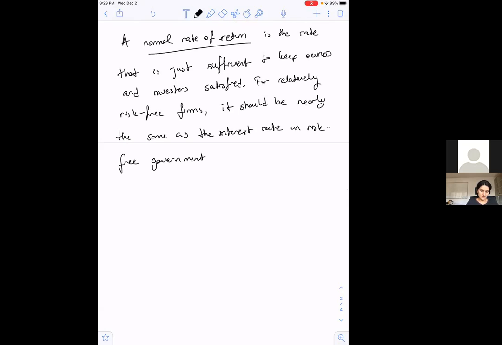So we are saying that if a firm has a normal rate of return, it should earn at least as much as what it could earn from the interest rate on risk-free government bonds.